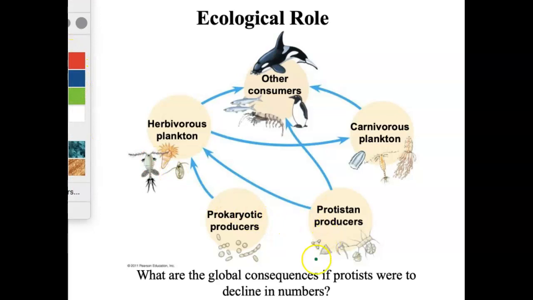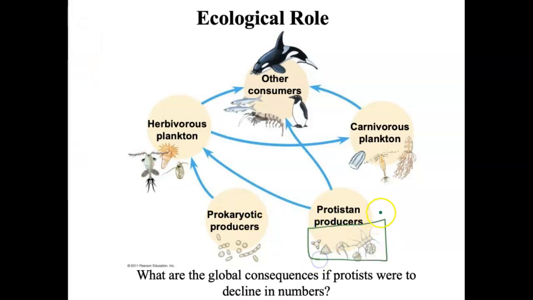By and large, the producer base of the ocean are going to be algae. We have very few plants that can actually live in salt water. So there's a handful, and we'll get into those later in the semester. But by and large, your producer base in the ocean, or most aquatic ecosystems, are algae.